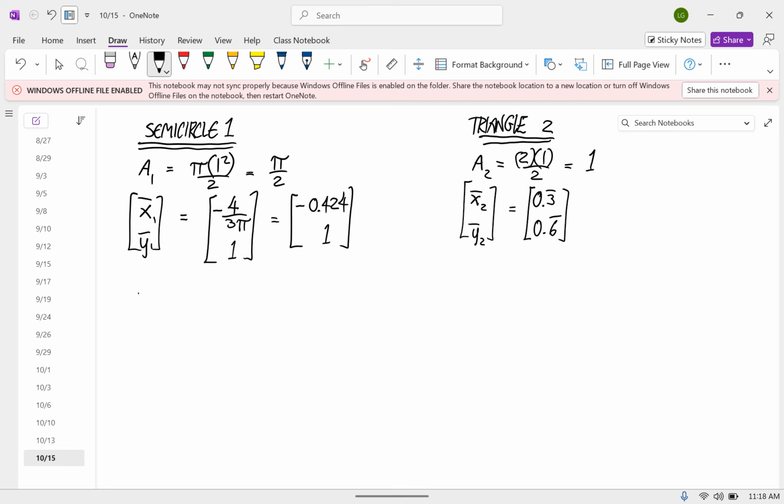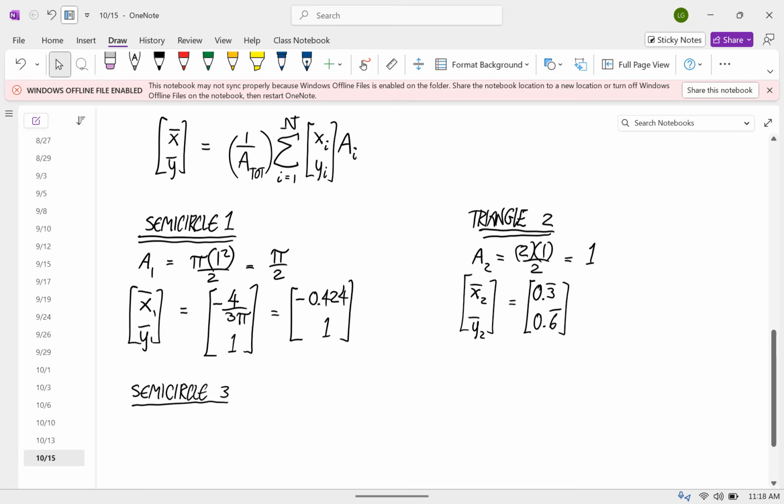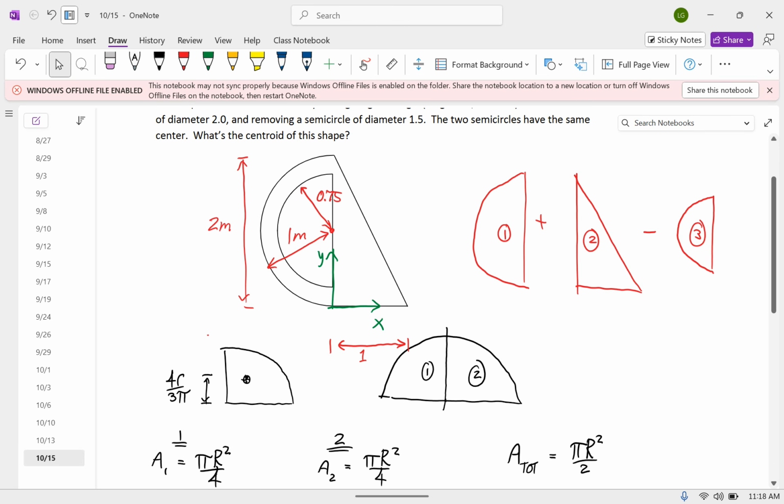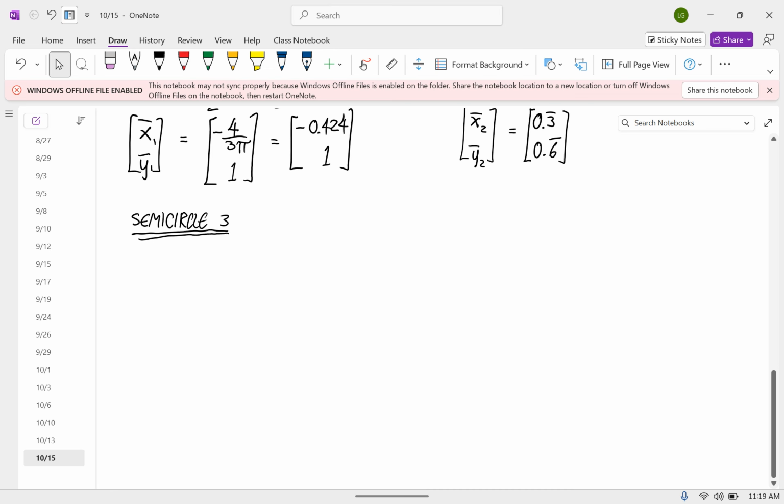And then the last one is the one we're removing. So this one has a radius of 0.75. So the area of 3. Remember, if we're removing material, I always think of it as a negative area.